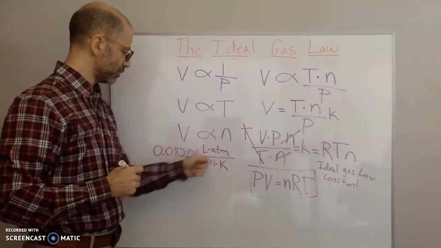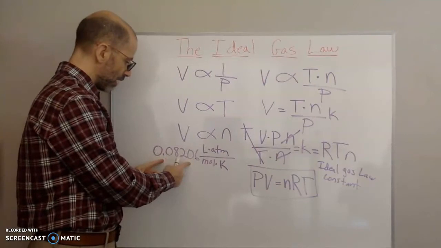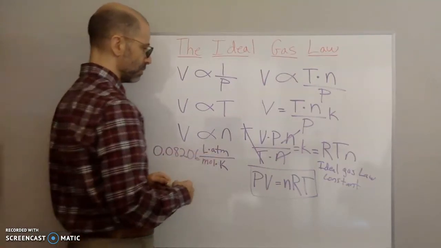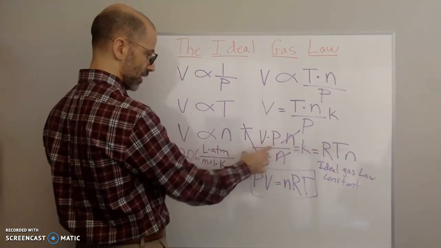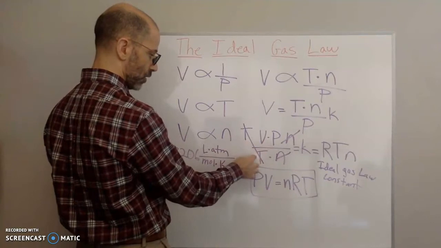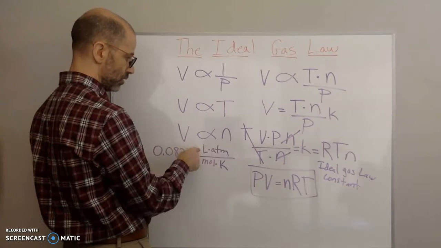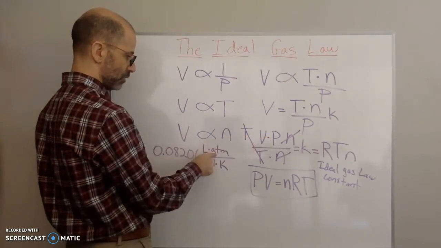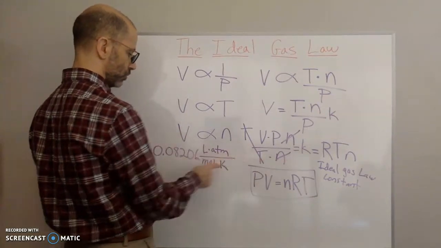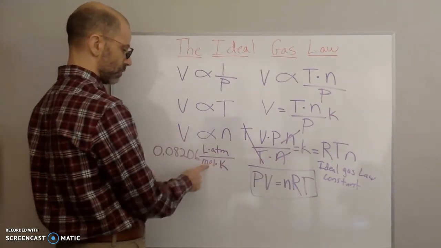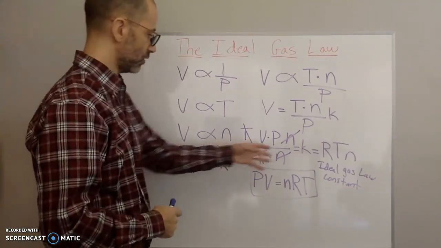So liters times atmospheres over moles times Kelvin. Notice that before I solved this equation, I had PV over T and N: volume in liters, pressure in atmospheres, temperature in Kelvin, number of moles, or amount of gas, in moles. So R equals these units, because R equals PV over T and N.